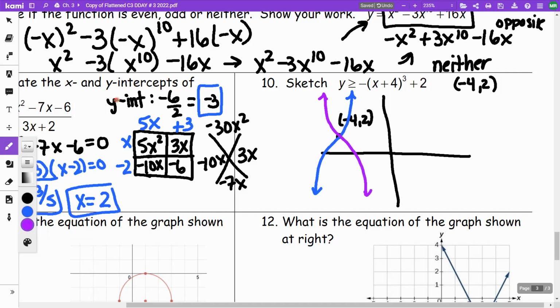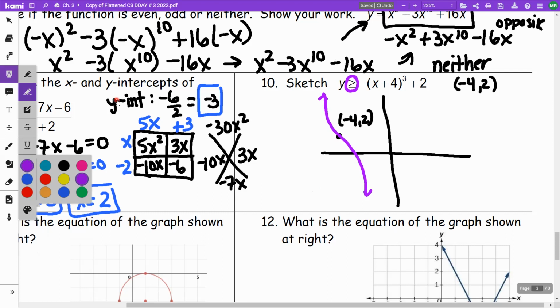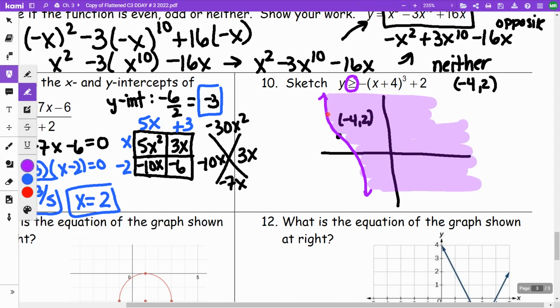So that's what I have. Okay, I have the purple one. And they just are asking for a sketch. And then I want it where it's greater than or equal to. So if I come to this inflection point and I want greater, I want up. So that means I'm going to be on this side. Okay. So I am going to be everywhere over here. And that's my answer.